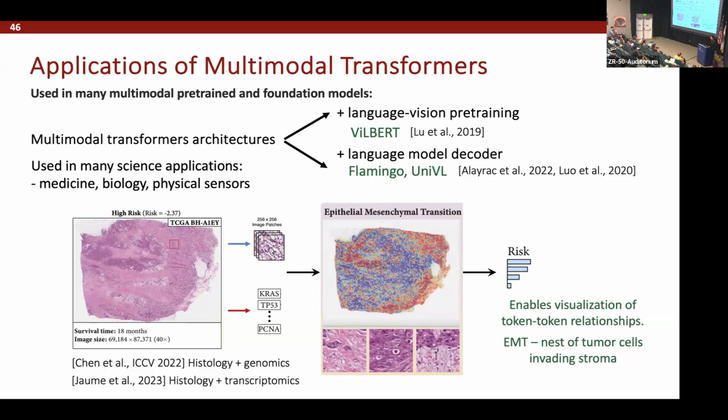You can see that it first picks out genomes, this EMT genome, can't really pronounce it, but EMT genome is very indicative of cancerous growth in cells. And at the same time, it's highlighted in red, high attention scores to tumor cells that are invading nearby healthy cells. So it's learned that relationship between the genomes and the images.